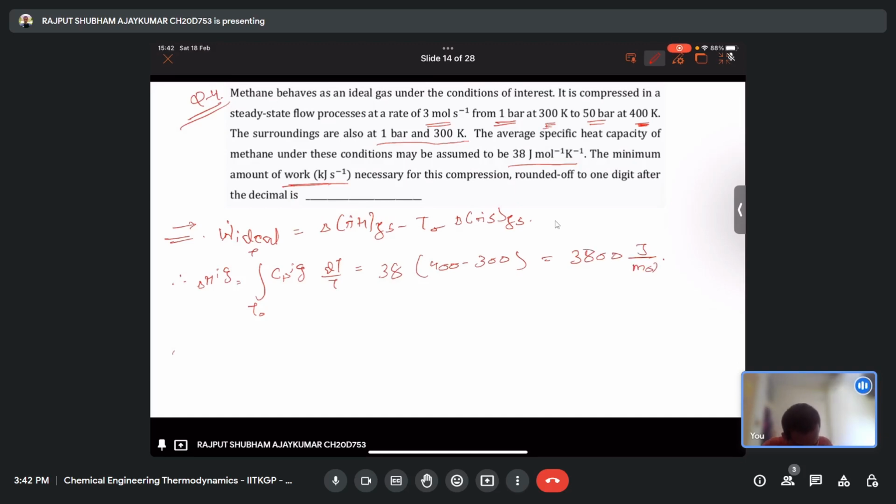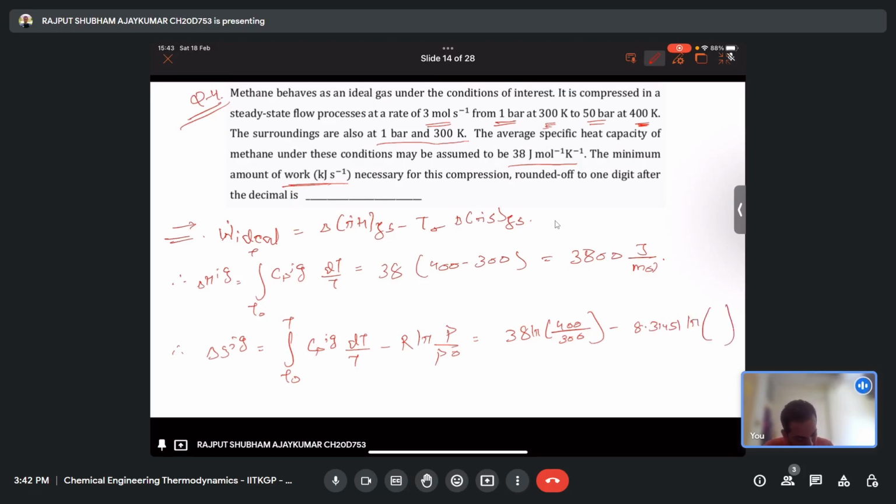Now the entropy change in the ideal gas first of all. The equation that I have already given is the integral of Cp of ideal gas dT by T minus R ln P by P0. This comes out to be 38 ln T by T0, that is 400 by 300, minus R, which is 8.314 joule per mole Kelvin, times ln of P2 by P1.